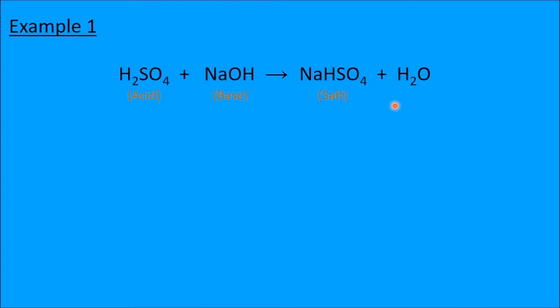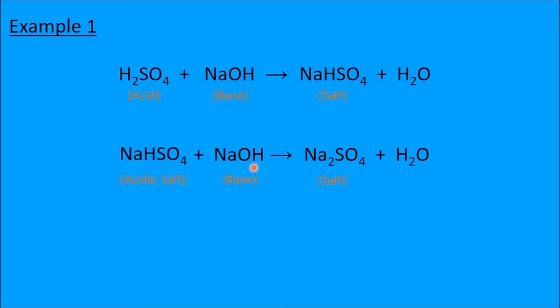Here, what is the basicity of sulfuric acid? 2. But how many hydrogens are removable here? We are removing only one, forming the salt. In the next step, this NaHSO4 reacts with NaOH. This reaction is possible. Now add the two reactions.